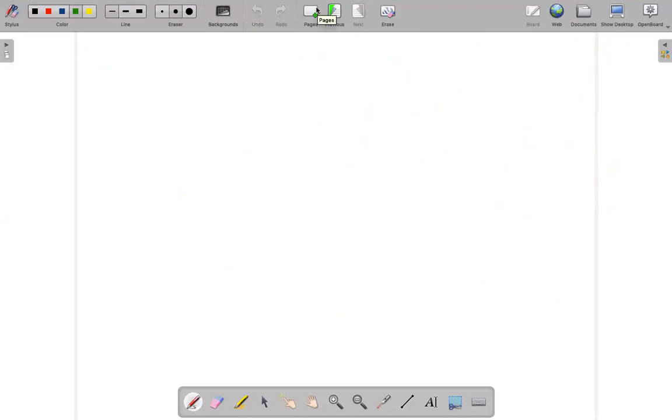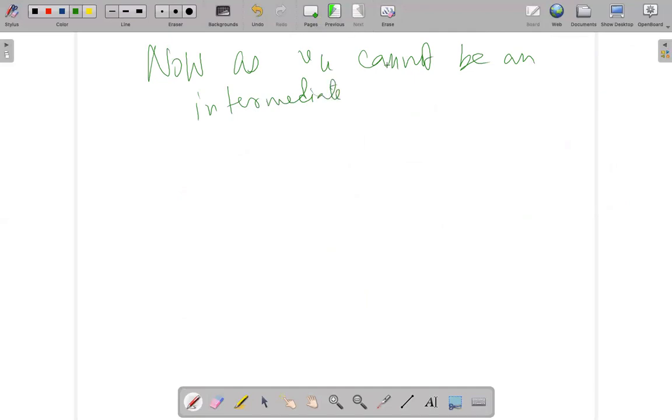Let's see why. Now, as Vk cannot be an intermediate vertex on the subpath from Vi to Vk, okay, it cannot include Vk, right?